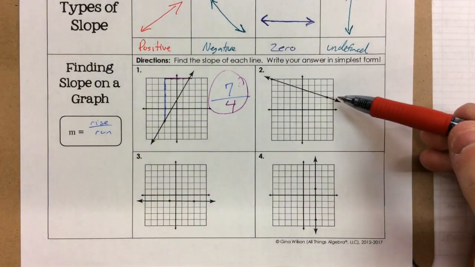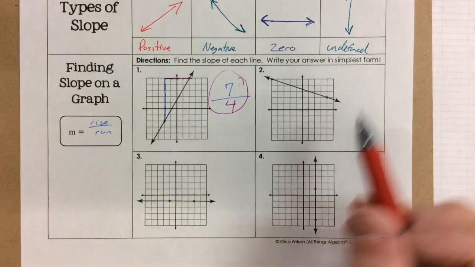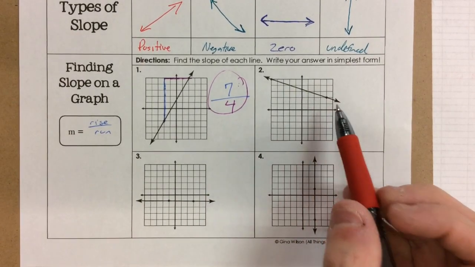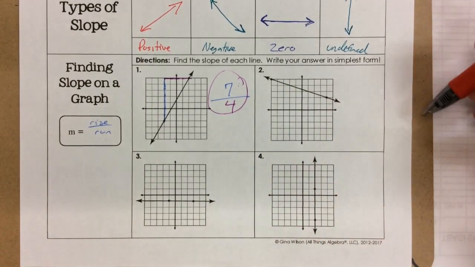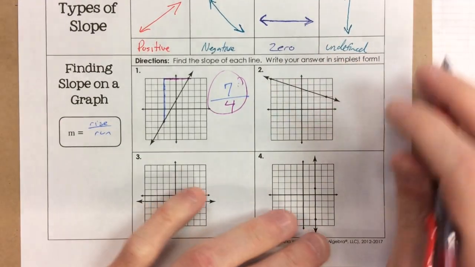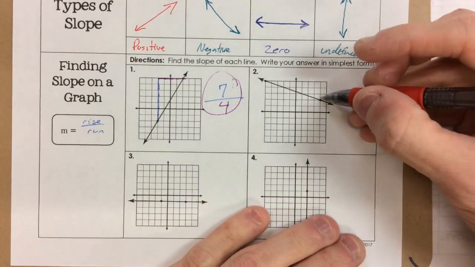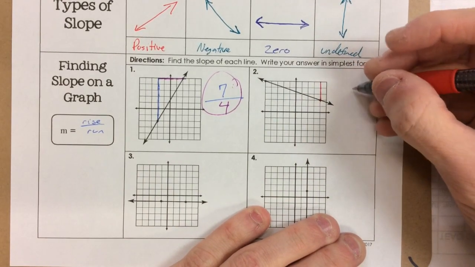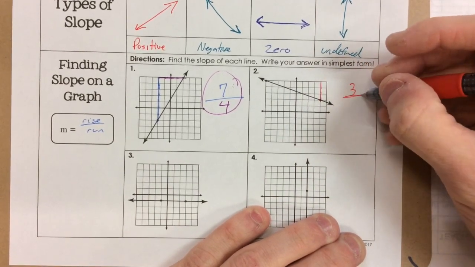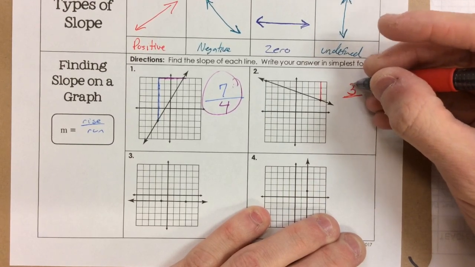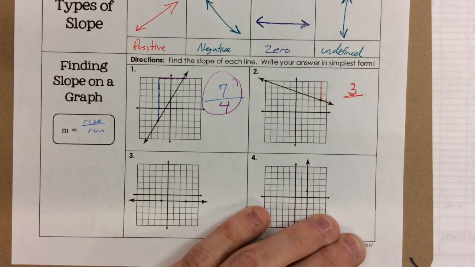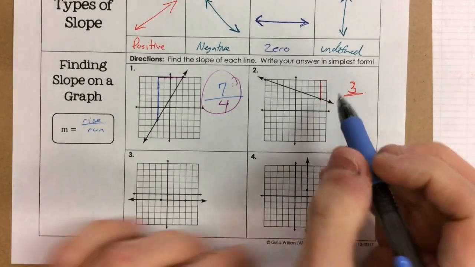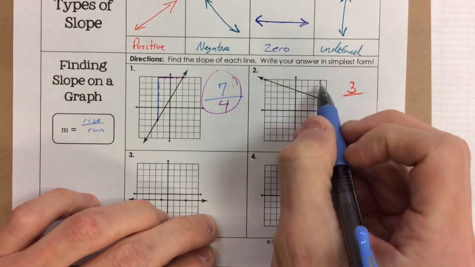So you guys go ahead and try number 2 on your own and see if you can come up with the slope. All right, so I'm gonna rise first. 1, 2, 3. So let's go ahead and put that 3. When we go up, that's a positive 3. And let's go do our run. So we're running left this time.